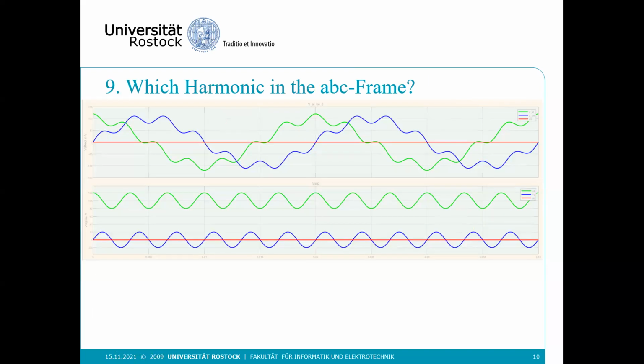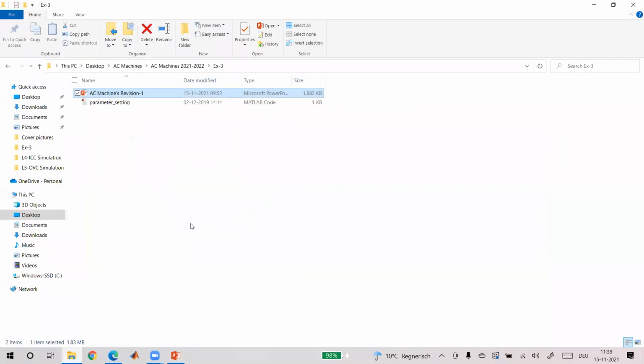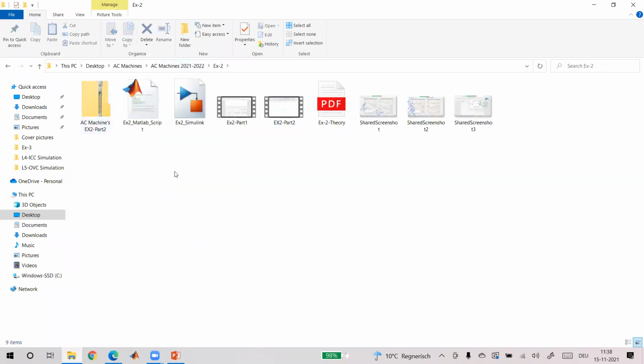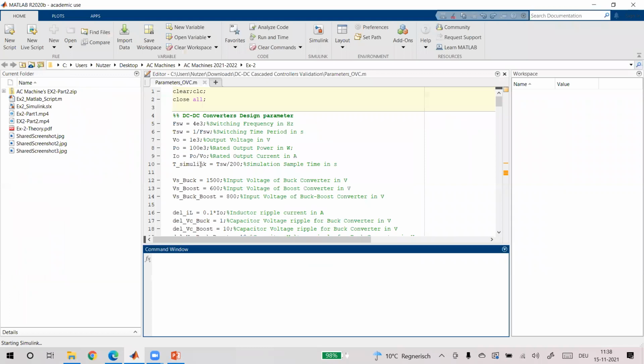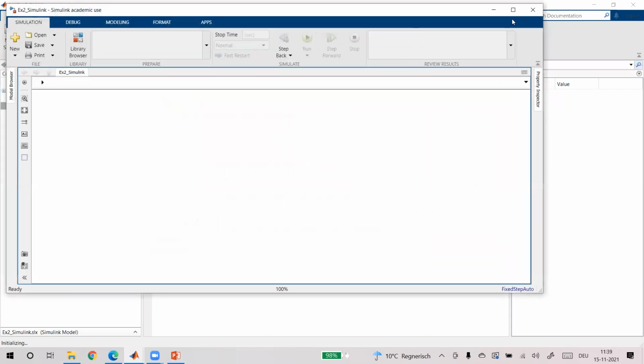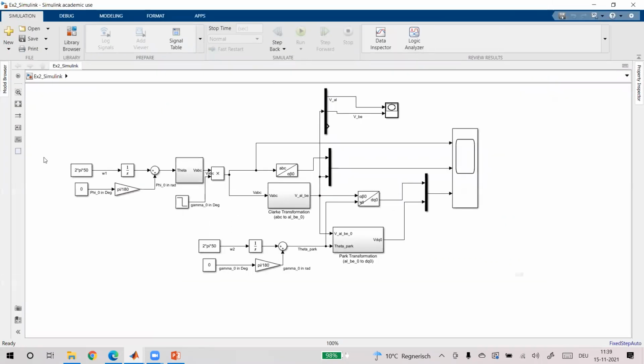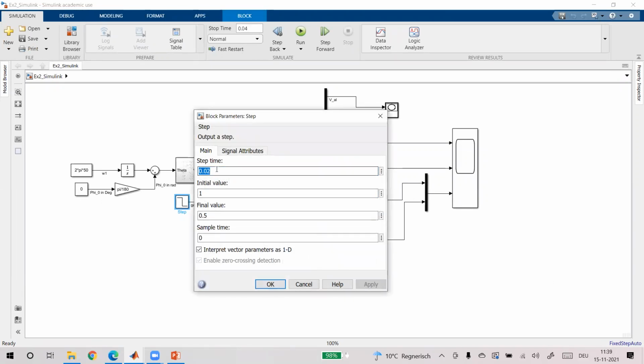I would like to show you one graph. Okay, so this is the graph, and I do not want any amplitude jump.